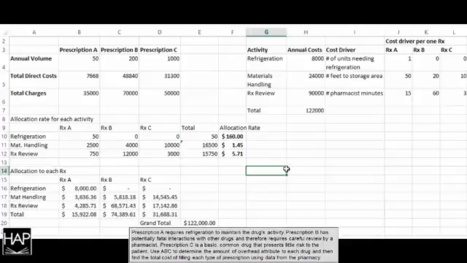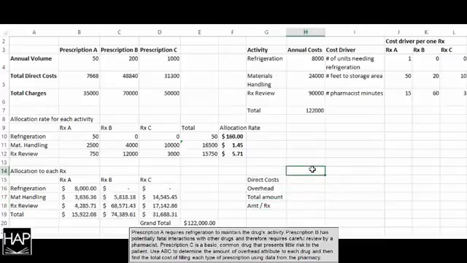So based on this information, I can add the total overhead costs to the direct costs to find out what the total cost is of filling each prescription. So I'm going to take the direct costs, overhead, so the total amount, and then the amount per prescription.